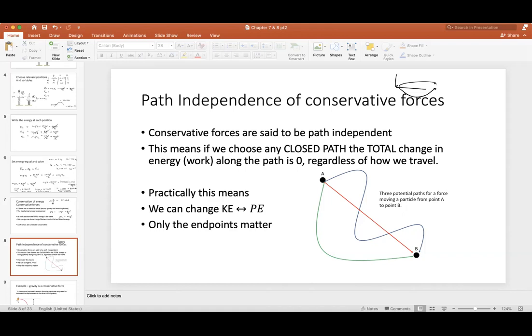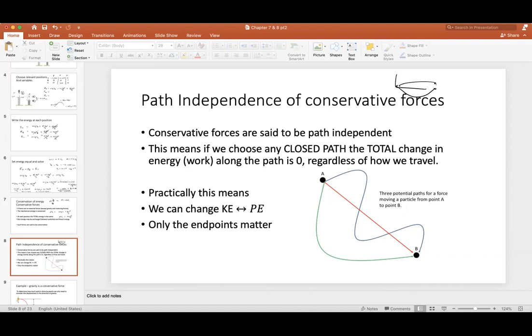Another way to think about this is you hold a ball in your hand, right? Let's say you're holding it a third of a meter above your desk. You then get up and hold it over your head and walk into your kitchen and walk around your house and move it down to the floor, and you come back and you sit down and you hold it again a third of a meter above your desk.